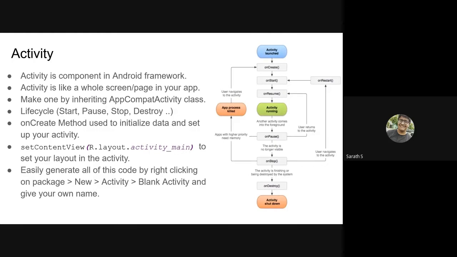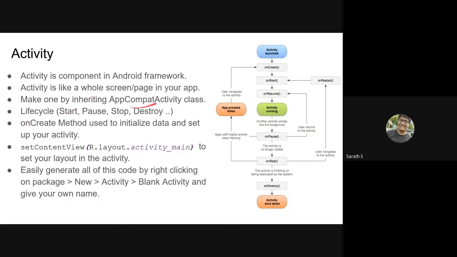So the whole screen is contained inside what's called an activity. It's a component given by the Android framework. There are many components like this. So activity is the main thing you would be using. There would be at least one activity in an app. So you need at least one screen to view. So if you have many screens, you could use many activities. And yeah, it's a whole screen page in your app.